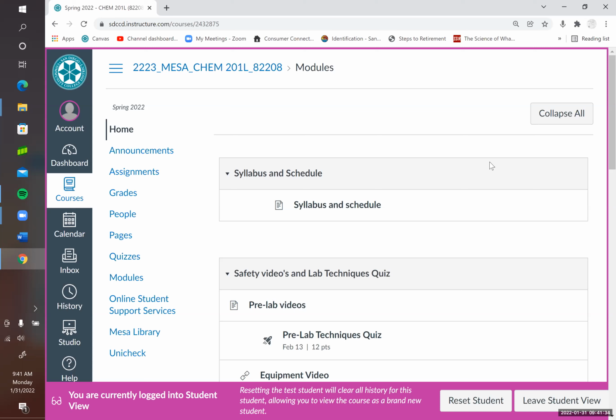Anyway, here's the home page where you're going to find most of the stuff. Now, remember, this lab was really designed for us to meet in lab. And so the course content that's posted in Canvas is sort of secondary for information.